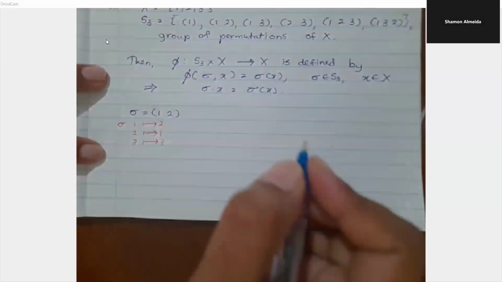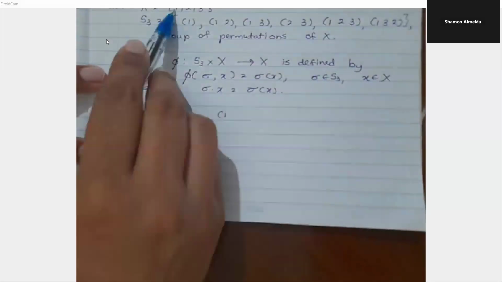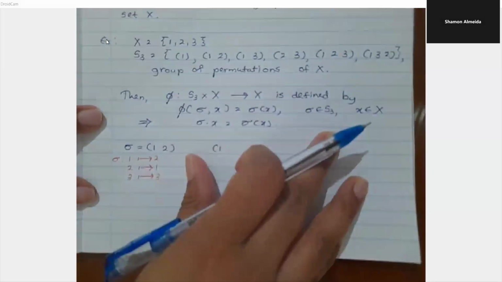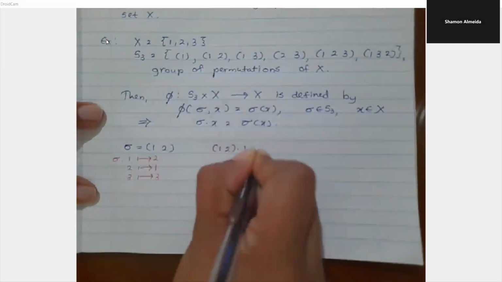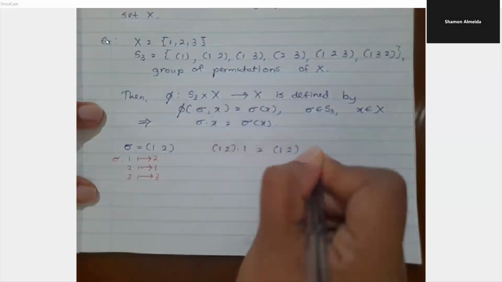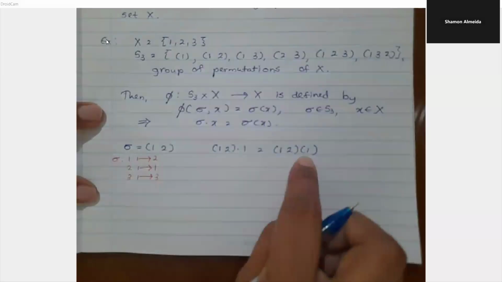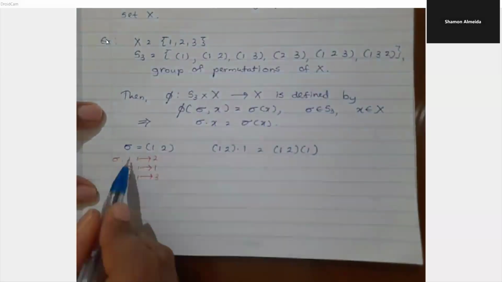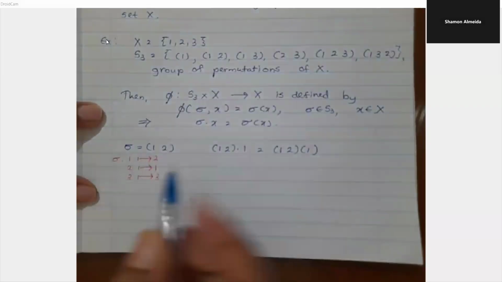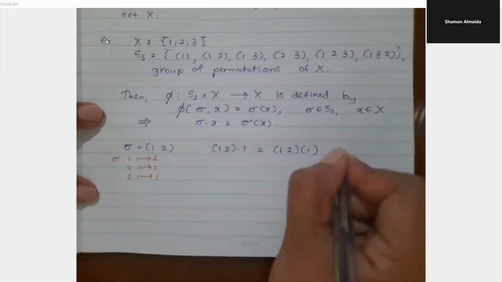Now let's calculate sigma dot 1. So we have (1 2) dot 1. By definition, this is (1 2) of 1. We want to see where 1 is sent through the map sigma. And we know that 1 is mapped to 2, or you can simply go to this cycle and see that 1 is mapped to 2. This is equal to 2.